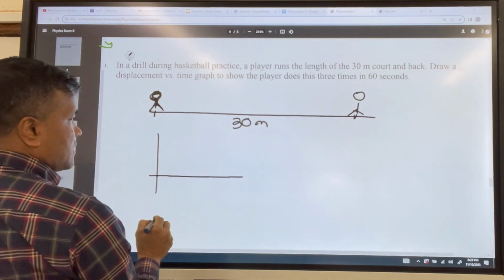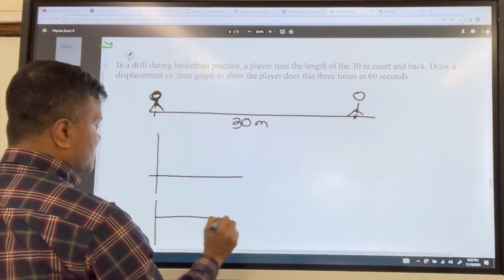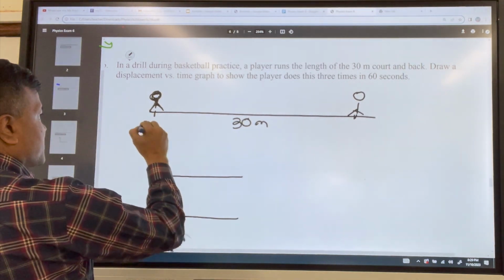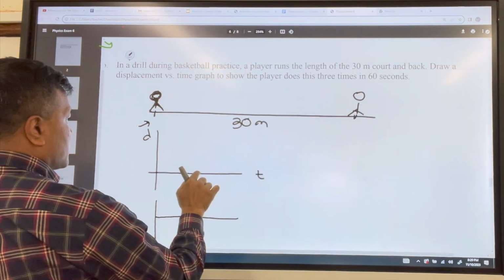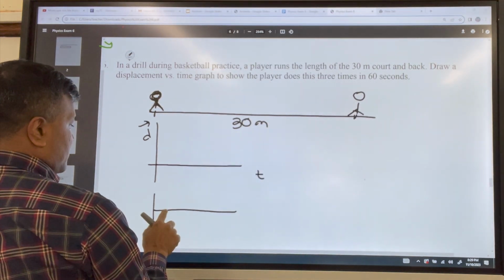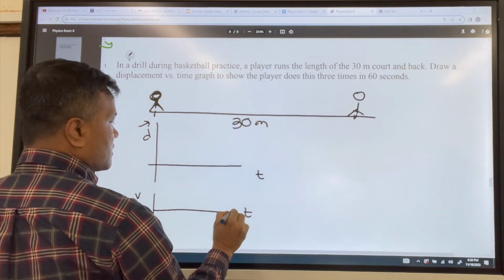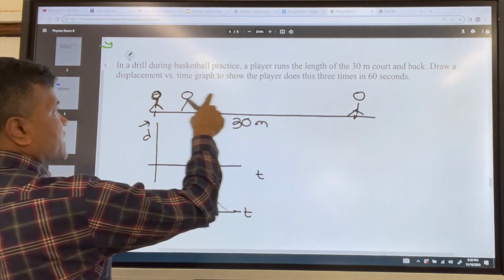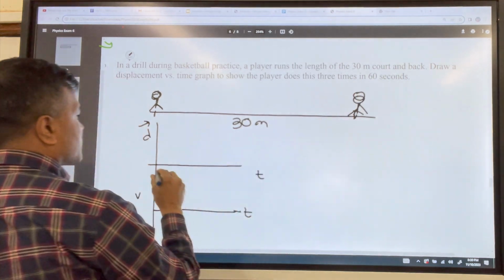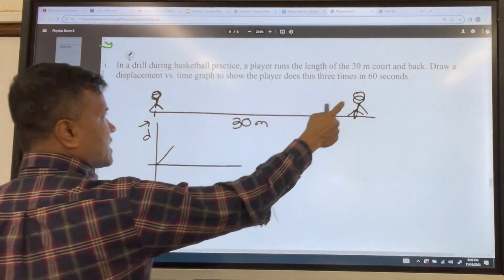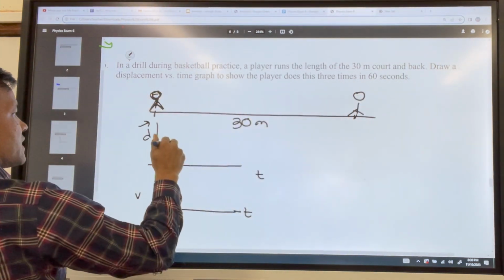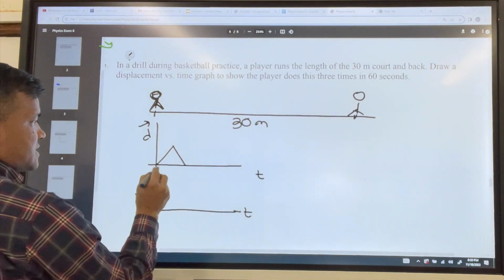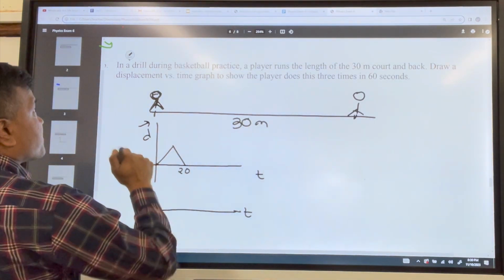So I'm gonna draw the dt graph, and I'll eventually draw the vt graph as well. This is the displacement versus time graph, and this is the vt graph. Let's do it. This guy goes over here, so I'm going to draw that. This guy comes back over here, and that is 10 seconds, 20 seconds.